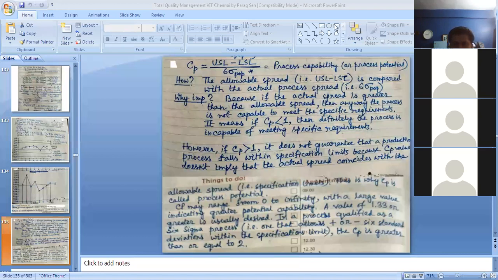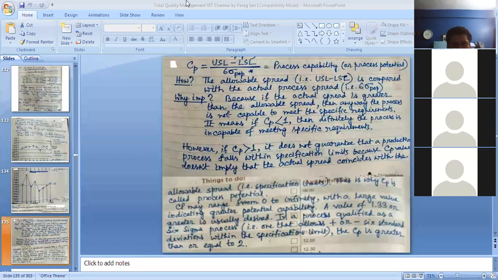I told that the television sets manufactured in a Japan plant had some products beyond the tolerance or specification limits, but most of the products they manufactured were around the mean value for a particular variable. So that is also very important.